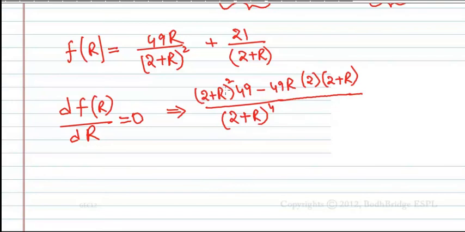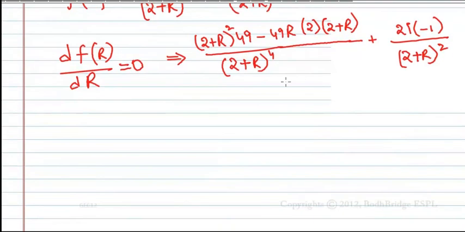Using the formula v du by dx minus u dv by dx over v square, plus 21 into minus 1 by 2 plus r whole square, this should be equal to 0. 2 plus r I will take common in the numerator.